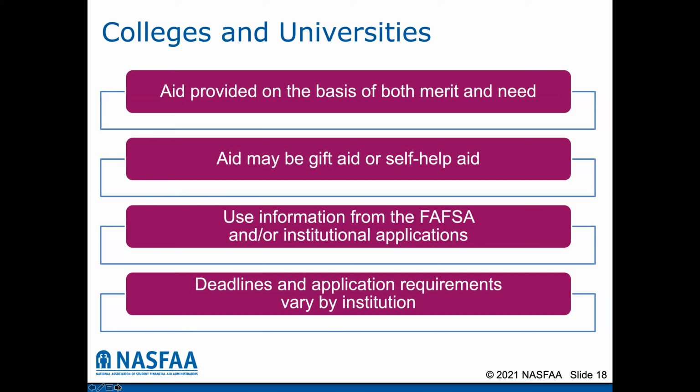But they use all of the information on there to help students determine what type of need-based aid they are. Deadlines and application requirements vary by institution. So please make sure you're checking the financial aid websites on all of the institutions that your student is looking at, which can get a little crazy sometimes because a lot of schools have different deadlines. Just try to keep it all as organized as possible and let us know if you have any questions on that.